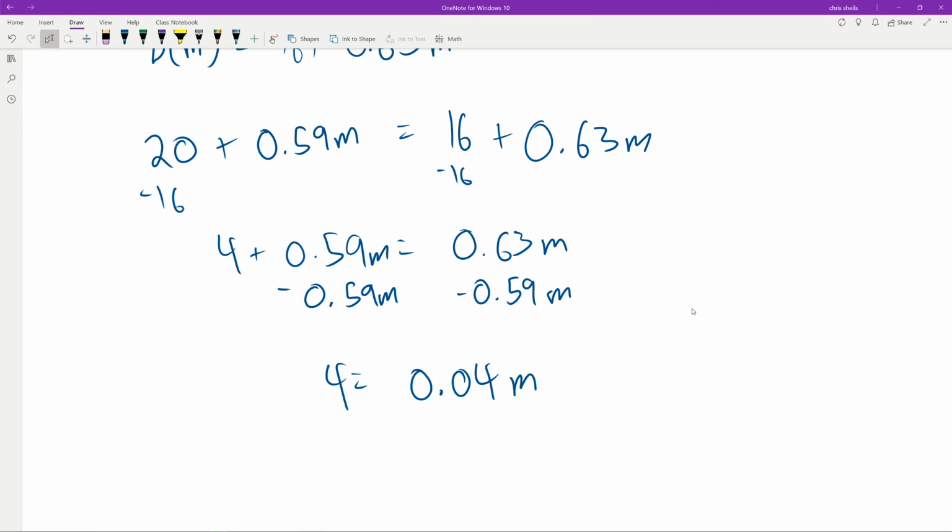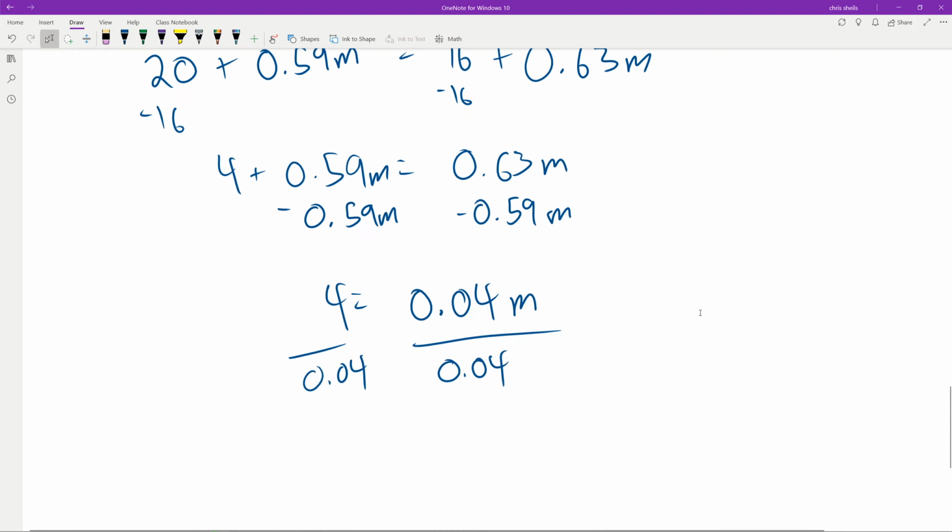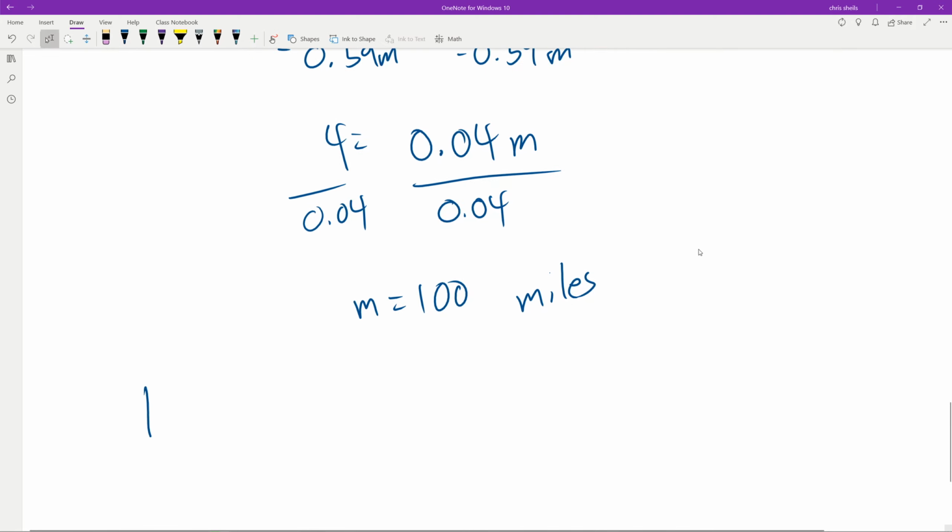To solve for M here, I have to divide both sides by 0.04. And I get that M equals 100 miles. This means that after 100 miles, U-Haul is cheaper.